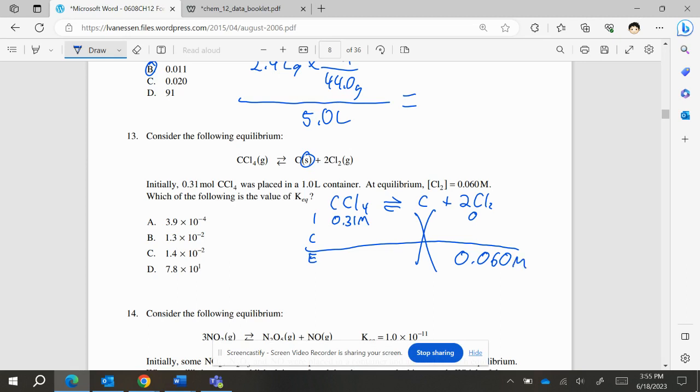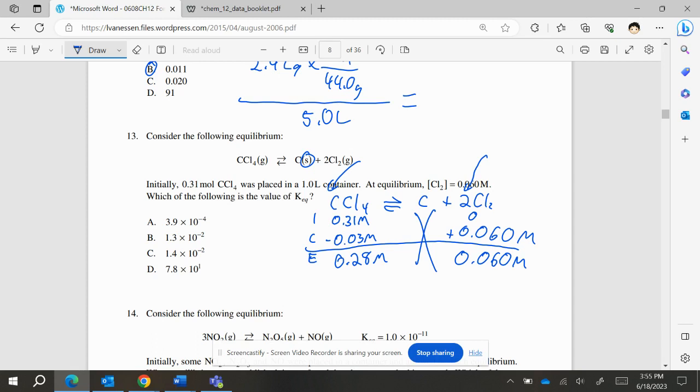molarity. So this had to increase by 0.06. Now, since we are a 2-to-1 ratio, this one had to decrease by 0.03 molarity, and that makes this 0.28 molarity.